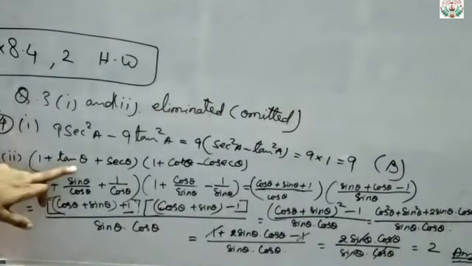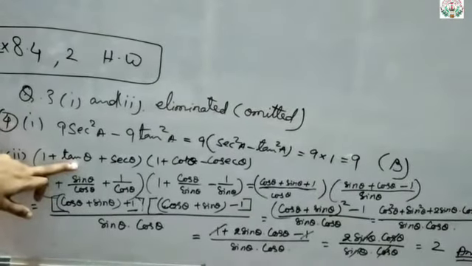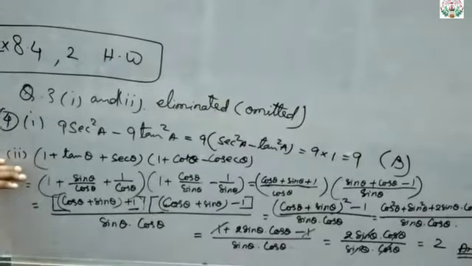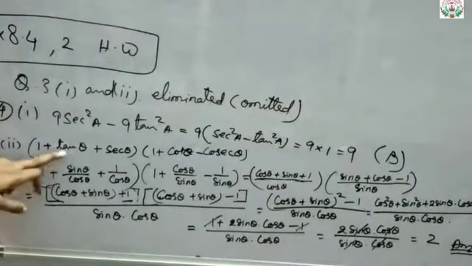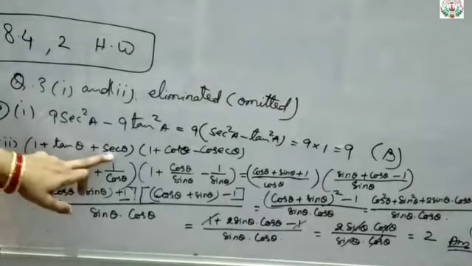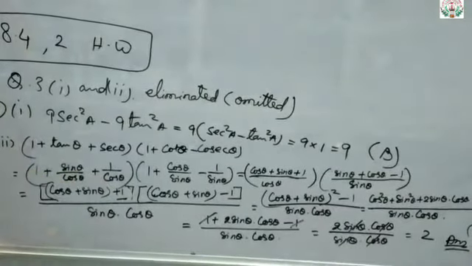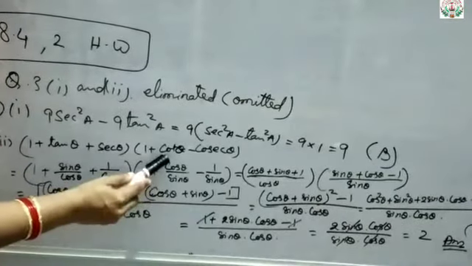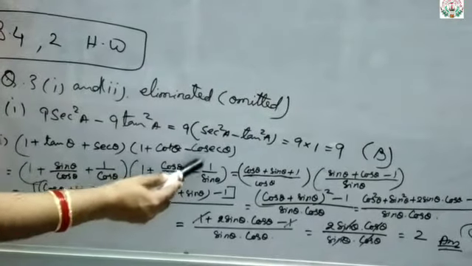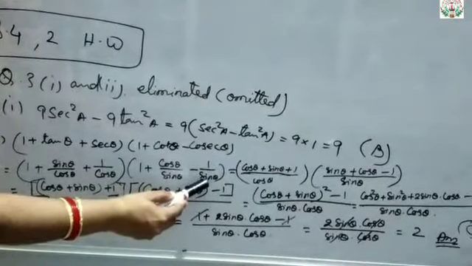Change this whole expression into sine and cos terms. 1 plus tan theta we can write as sine theta upon cos theta, plus sec theta as 1 upon cos theta, into 1 plus cot theta, which we can write as cos theta upon sin theta, minus cosec theta as 1 upon sin theta.